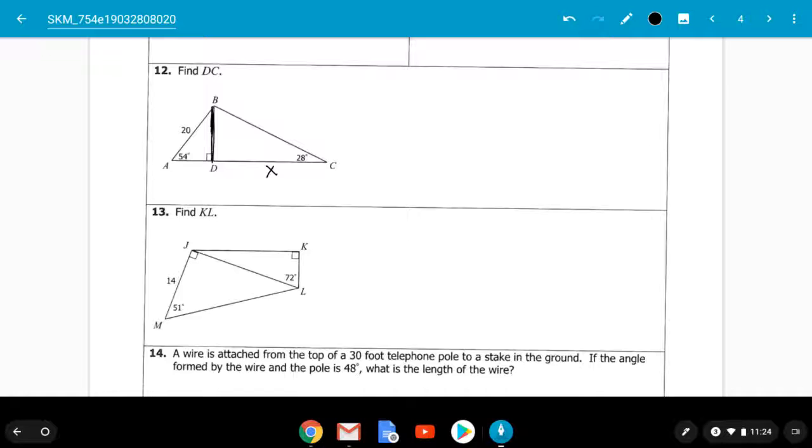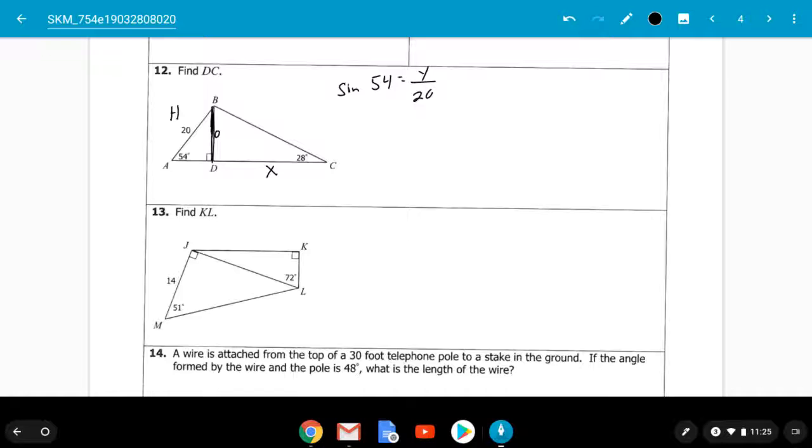What is 20 in relation to the 54? It's the hypotenuse, right? It's opposite of 90. What is this shared line in relation to the 54? That's the opposite. So what trig function deals with opposite and hypotenuse? Sine. So I would have sine of 54 equals opposite, we'll call that y here, over hypotenuse 20.